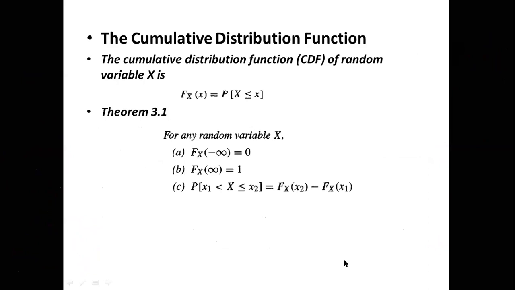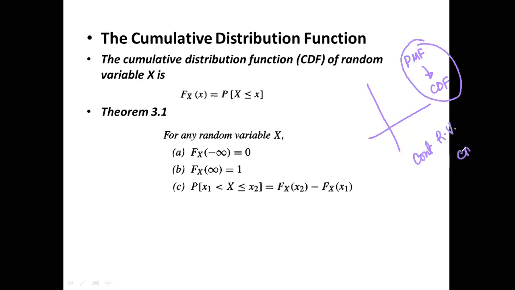We already know what CDF is, isn't it? Remember one thing: in the previous case, we started with the PMF and then went to the CDF. But in the case of a continuous random variable, we will start with the CDF and derive the PDF.